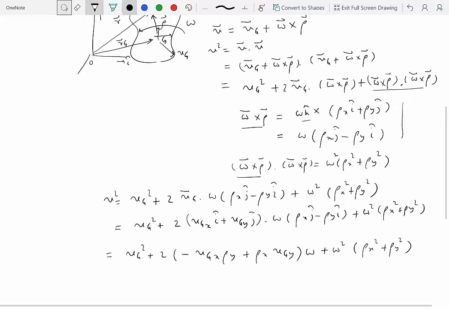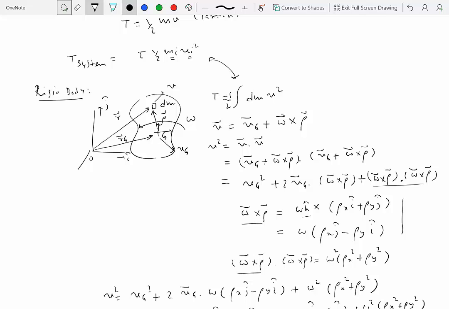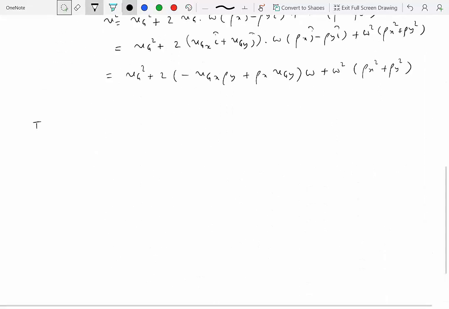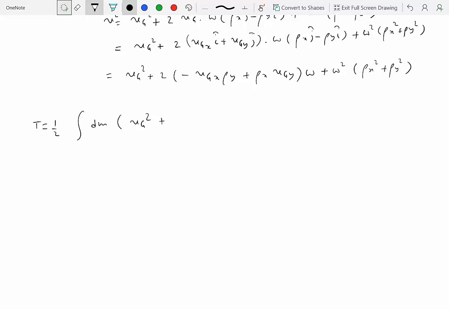Now we can substitute for this v squared in our formula for the kinetic energy of a rigid body. So let's do that. So we get T equal to 1/2 integral dm, and v squared is vg squared plus, let me use square brackets over here, plus 2 times minus vgx rho y plus rho x vgy omega plus omega square.